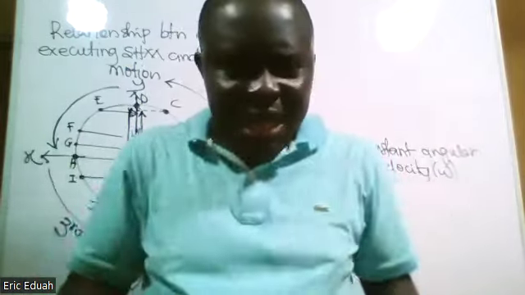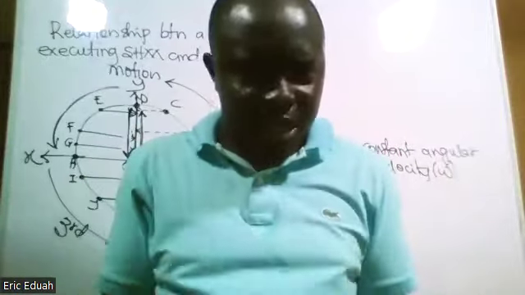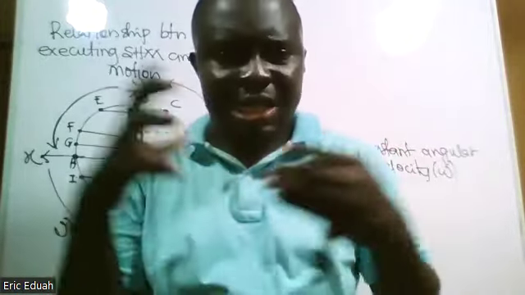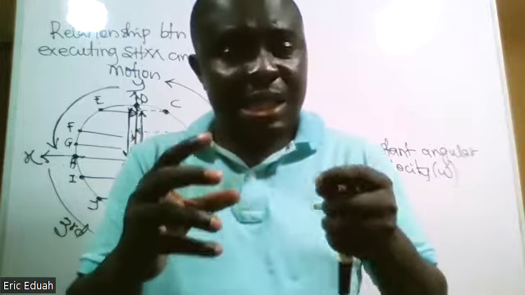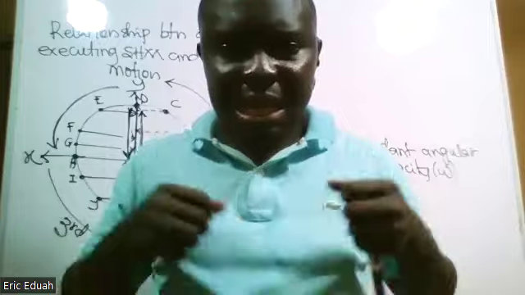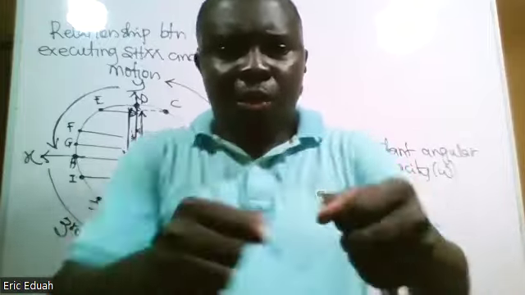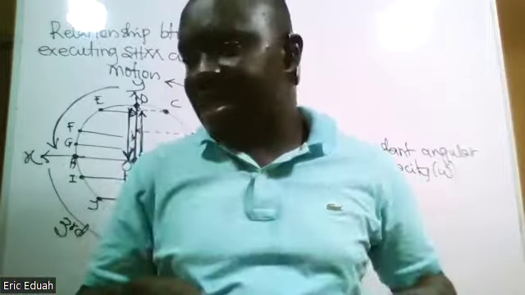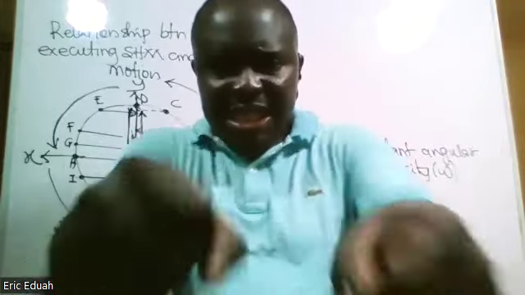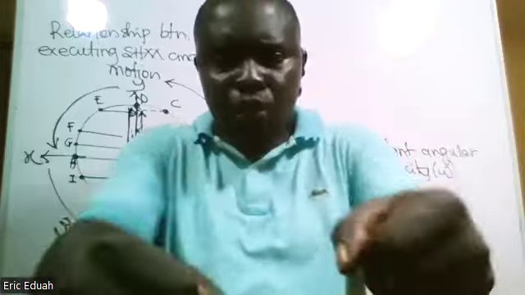As this combustion takes place within the engine block, there's a constant regular force exerted on the pistons. So the pistons move up and down repeatedly. Now this repeated up and down movement of the pistons is simple harmonic motion.